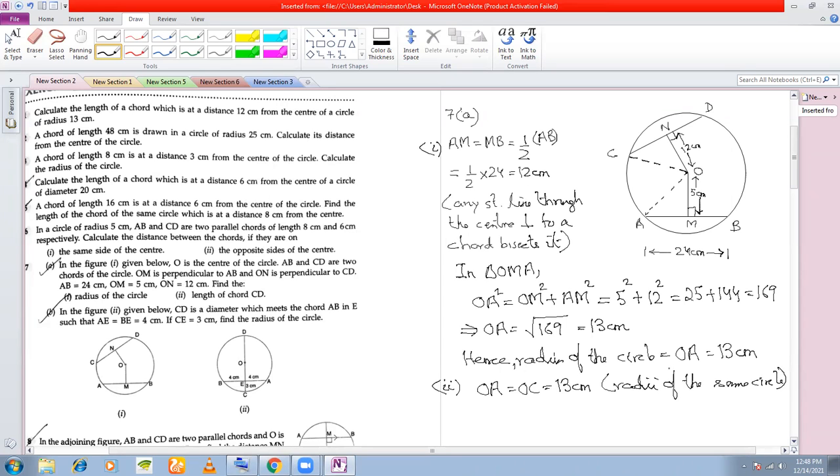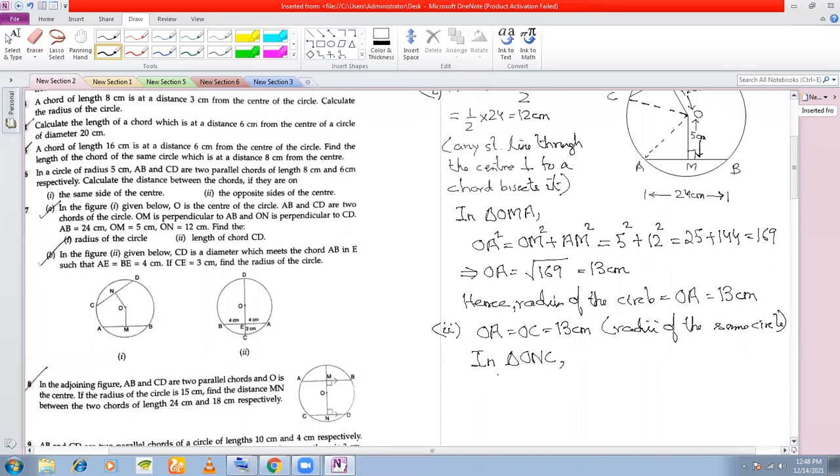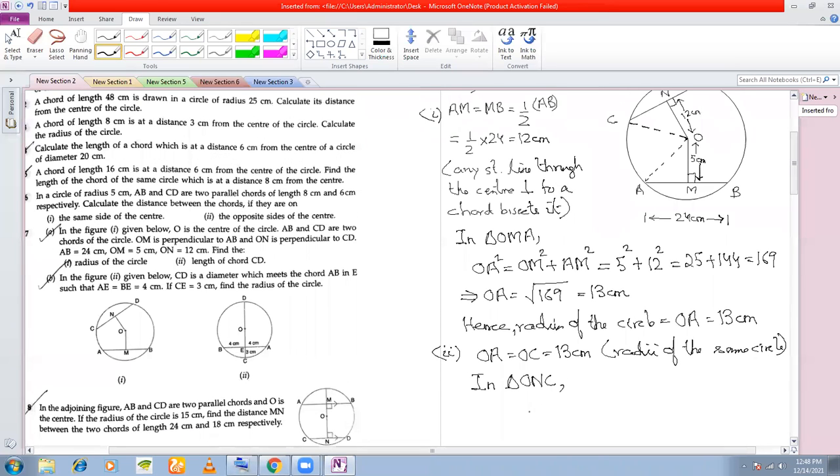Now when I join OC, I see that right angle triangle ONC is formed. In ONC, OC is the hypotenuse, ON is the perpendicular, CN is the base. So we can find out CN. In triangle ONC, OC square is equal to ON square plus CN square. Now put the values. OC square is 13 square. ON is given to you, so ON square is 12 square.